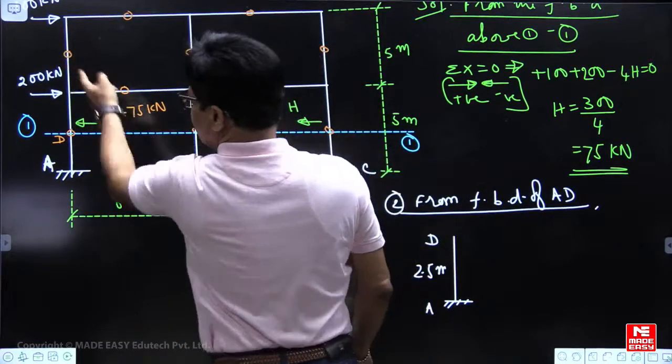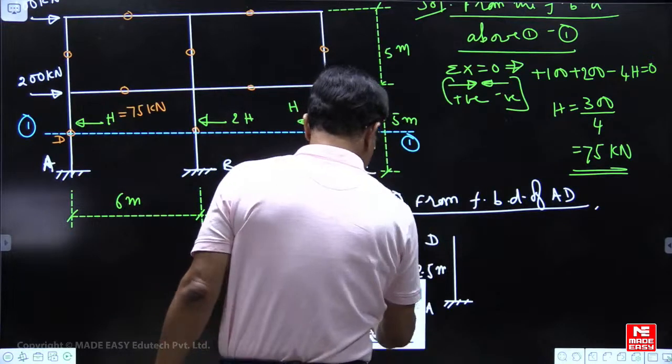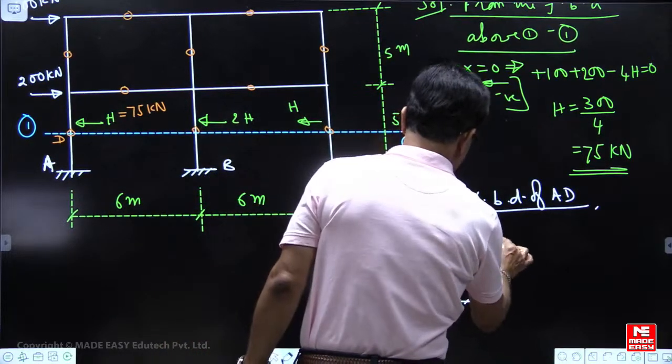If above free body diagram H is acting right side, below free body diagram H will act left side.